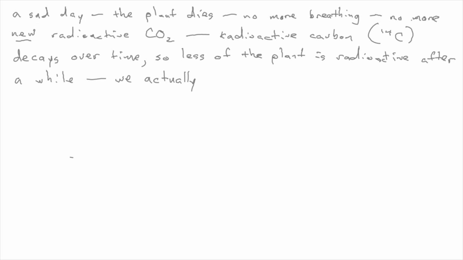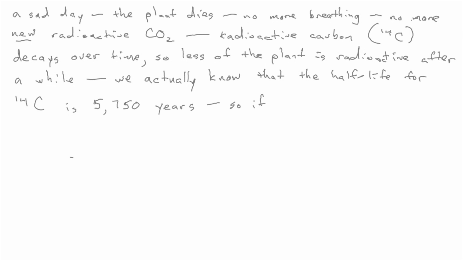When the plant dies, when the cow dies, when you die, the radioactive carbon will start to decay. After a while, there will be less of your carbon, less of the cow's carbon, less of the plant's carbon that is radioactive. We actually know that the half-life for carbon-14 is 5,750 years. That's the number the book uses. That's not exactly right. We'll talk about that in a second.